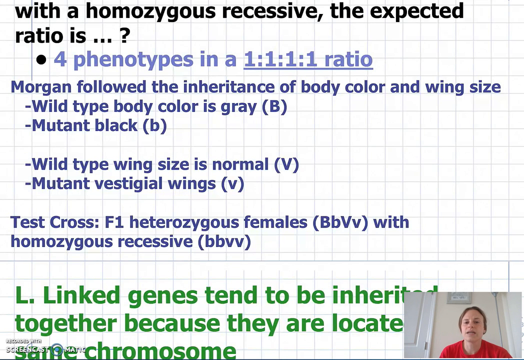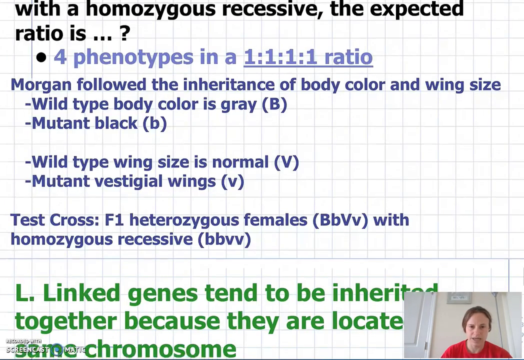So Morgan decided to investigate body color and wing size, where he looked at the wild type for body color and wing size and the mutant type for body color and wing size. So for body color, wild type is gray, mutant is black. For wing size, wild type is normal and mutant type is vestigial. So what Morgan did was he did a test cross.